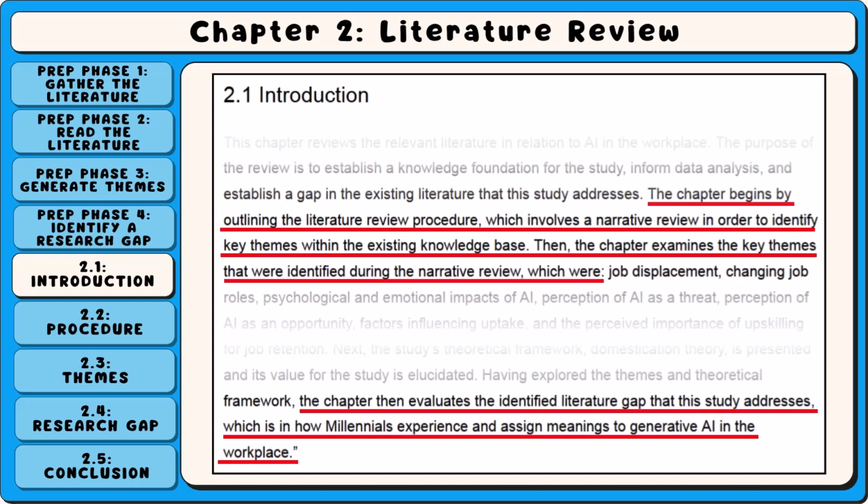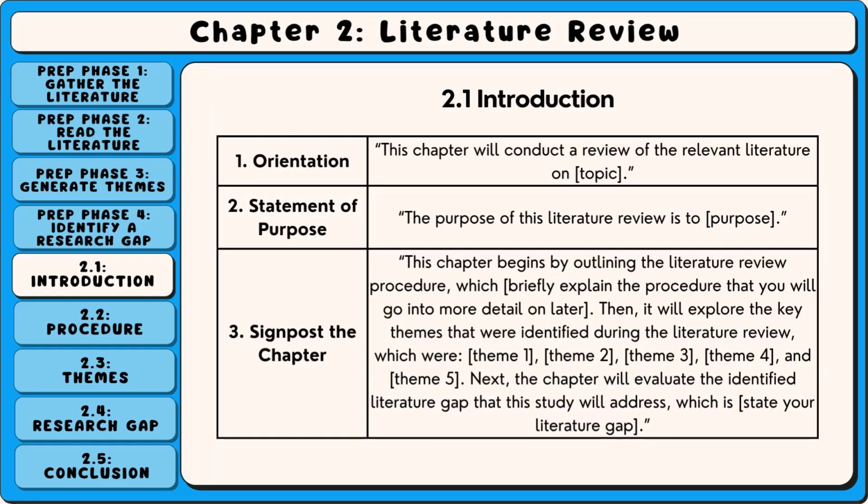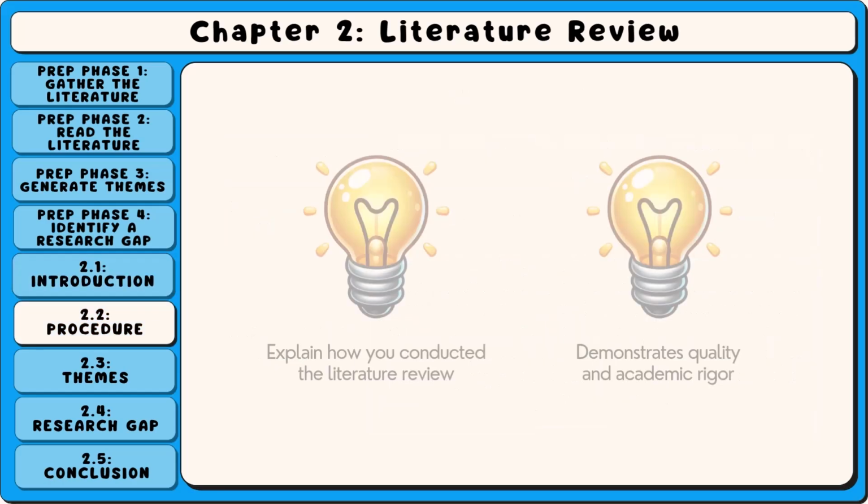Finally, it says the chapter then evaluates the identified literature gap that this study addresses, which is, and then it outlines the identified literature gap. So that's the end of section 2.1, your introduction. You should have written an orientation, written a statement of purpose for your literature review, and then signposted the chapter sections. Section 2.2 outlines your literature review procedure.